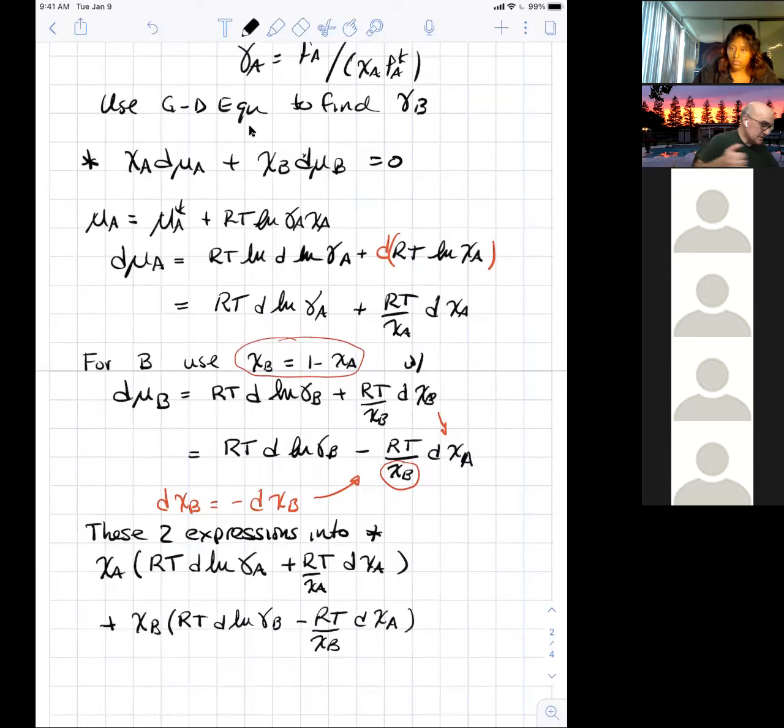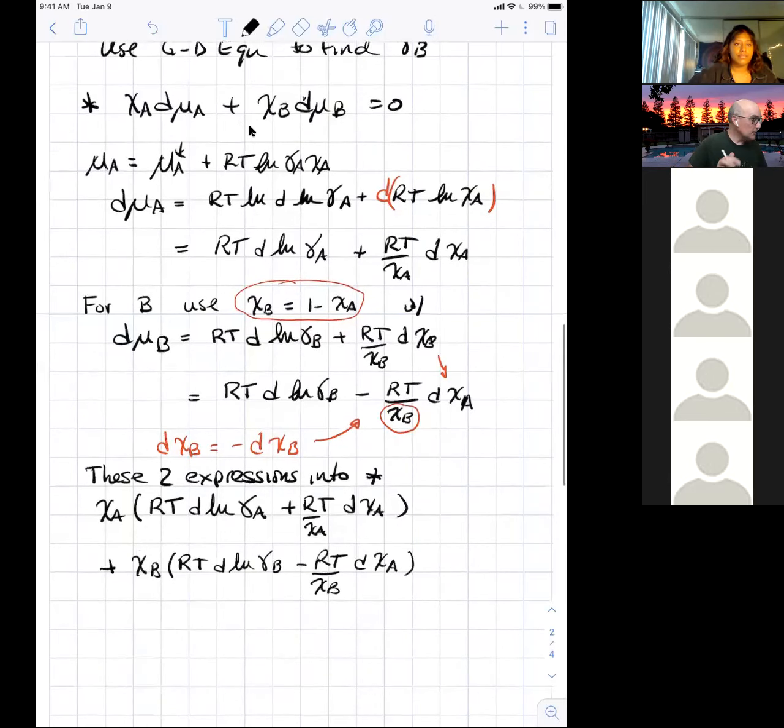Again, hold on, I made a mistake in my notes. I gotta fix this so I don't blow it next year. All right. All right, so if we collect terms, we get something like this.